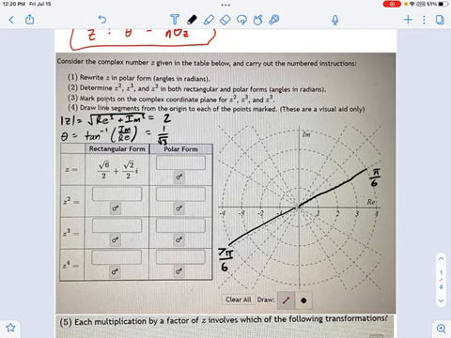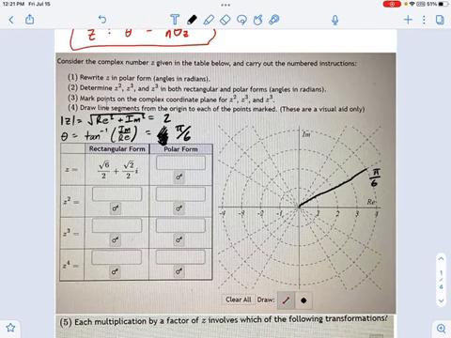Well, here's where you have to use quadrant information. And as I'm looking at this z, I see a positive real part and a positive imaginary part. That means I'm going over and up. Okay, so I am in quadrant 1. We can forget this quadrant 3 stuff. So here's where I am, pi over 6. And now I'm ready to write this in polar form.